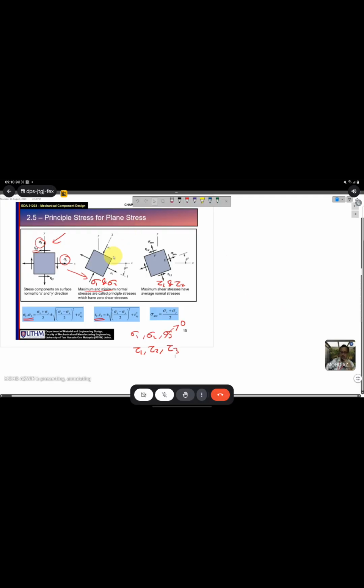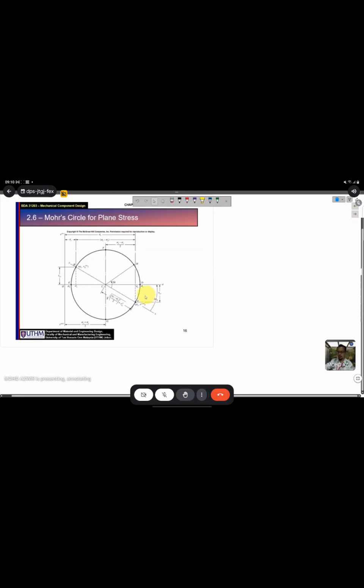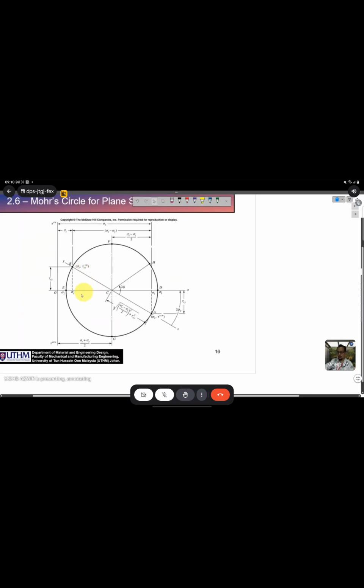So there are two ways to calculate these values. The first one is by using the equations here, which calculate sigma 1, sigma 2, tau 1, and tau 2. The second way, you can use the Mohr circle. But for this one I think you need to draw properly on graph paper.